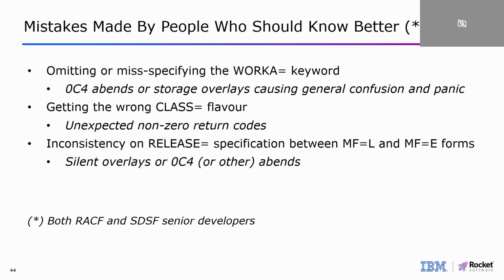So omitting or misspecifying the WORKA keyword, you're going to get 0C4 abends, you're going to get some storage overlays perhaps. Getting the wrong CLASS= flavor, my favorite, unexpected non-zero return codes. And if you have perhaps an inconsistency on your RELEASE specification between your MF=L and MF=E forms of the macros, you might get some sort of silent overlay or 0C4.